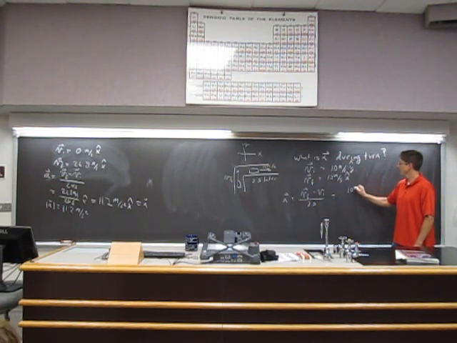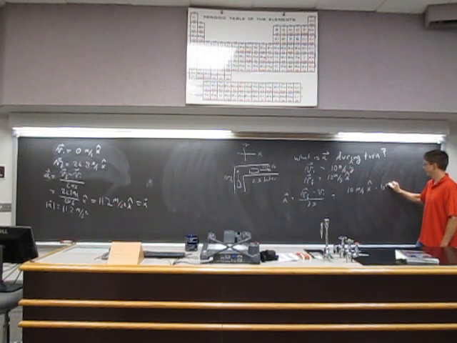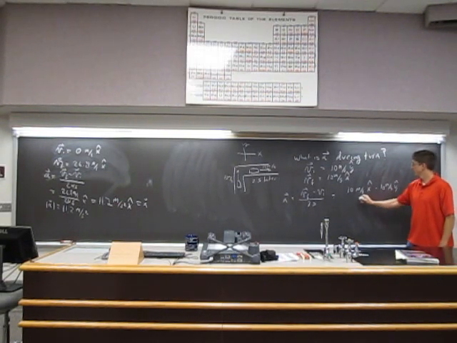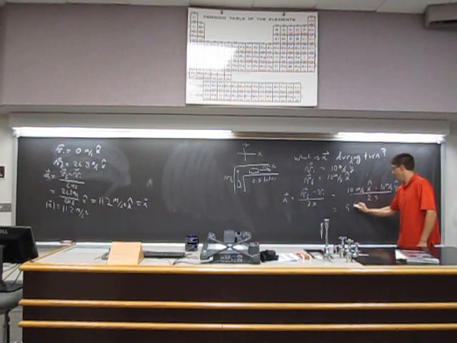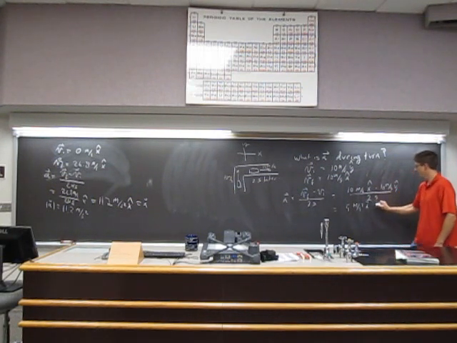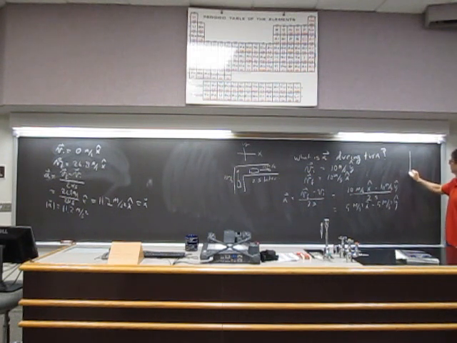That would be 10 meters per second x-hat minus 10 meters per second y-hat over 2 seconds, which would be 5 meters per second squared x-hat minus 5 meters per second squared y-hat.